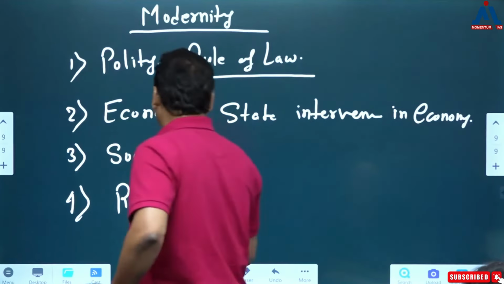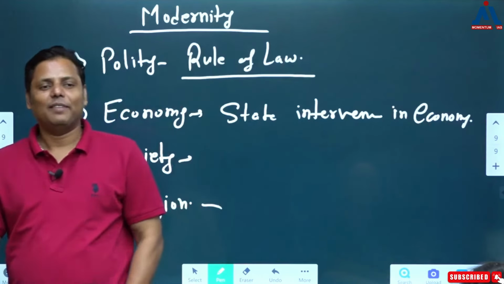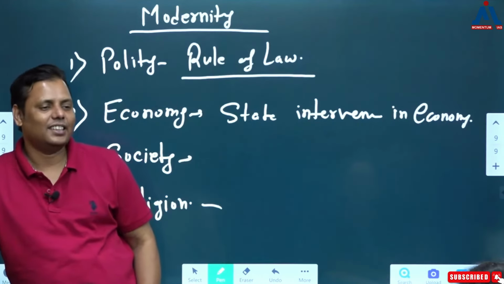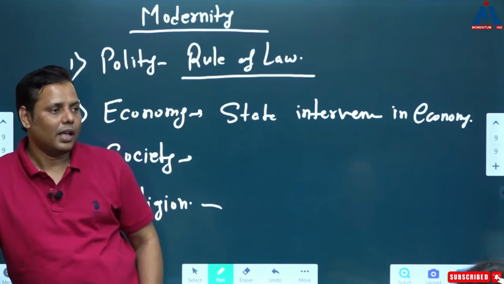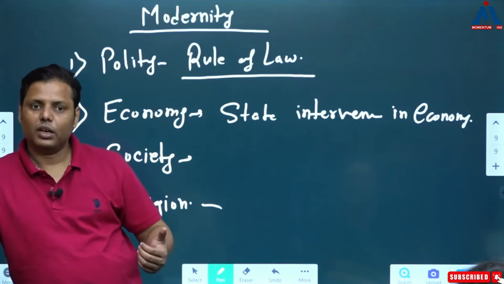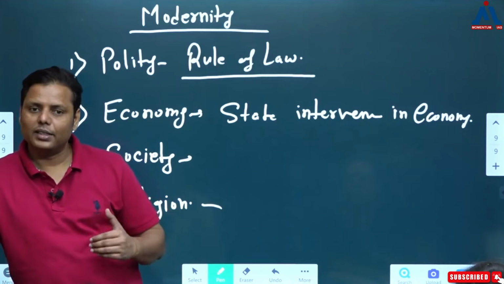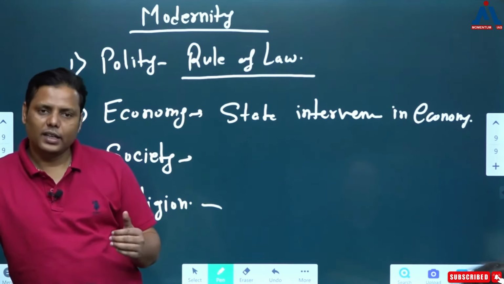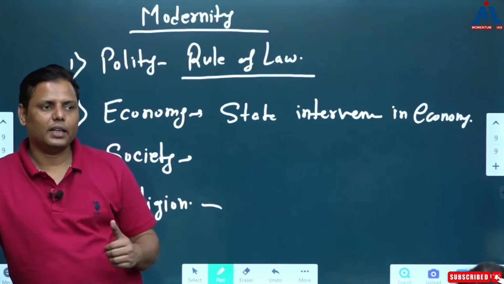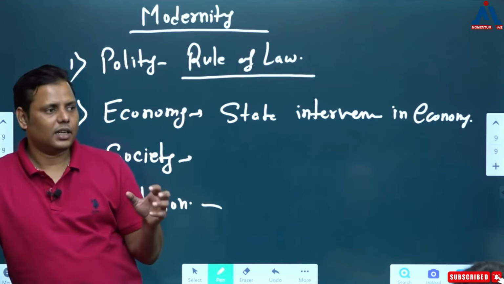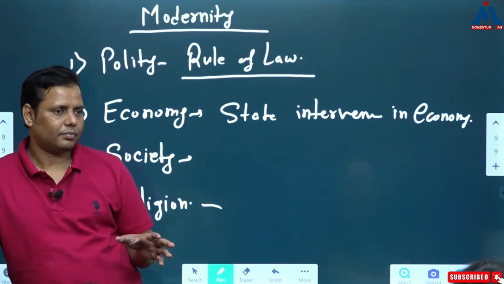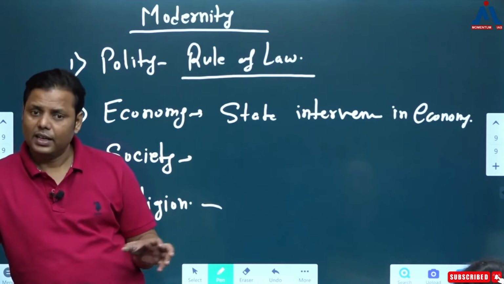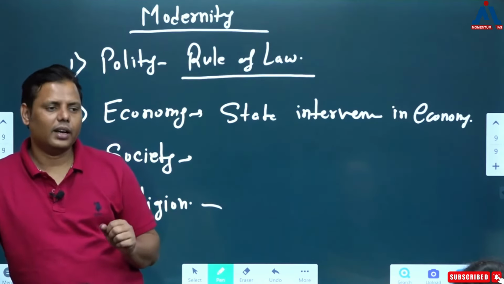Correct. What I was trying to tell you, if the society is very religious, in that case it cannot become rational. Society is more religious when religion is there in the public domain. When religion is there in the public domain, what do I mean by that? If religion is having its control over many things, polity, economy and other things, in that case the society would be definitely irrational.